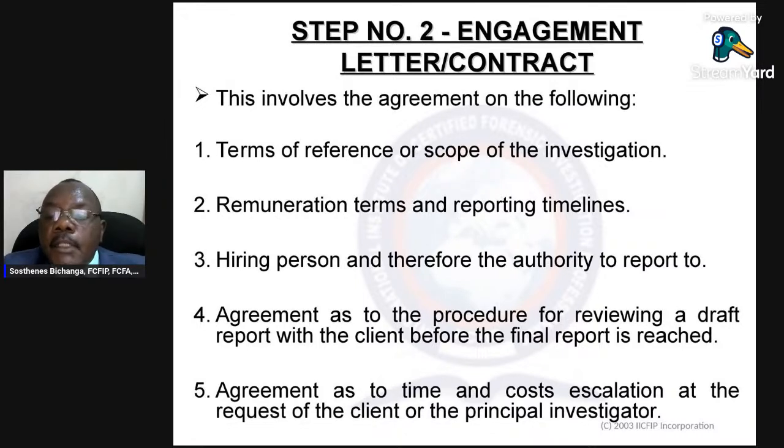The engagement letter will outline various items, including the terms of reference. Terms of reference will be given by the client and discussed and agreed with the principal investigator representing the investigation services firm.